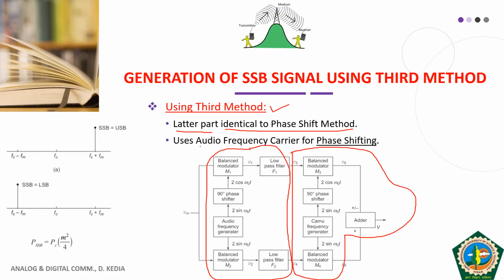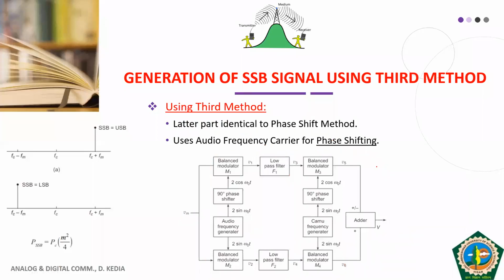Another difference is that we are using the audio frequency carrier for phase shifting. We do not apply phase shifting on Vm directly; we apply phase shifting on the audio frequency generator. So let us see its working now.